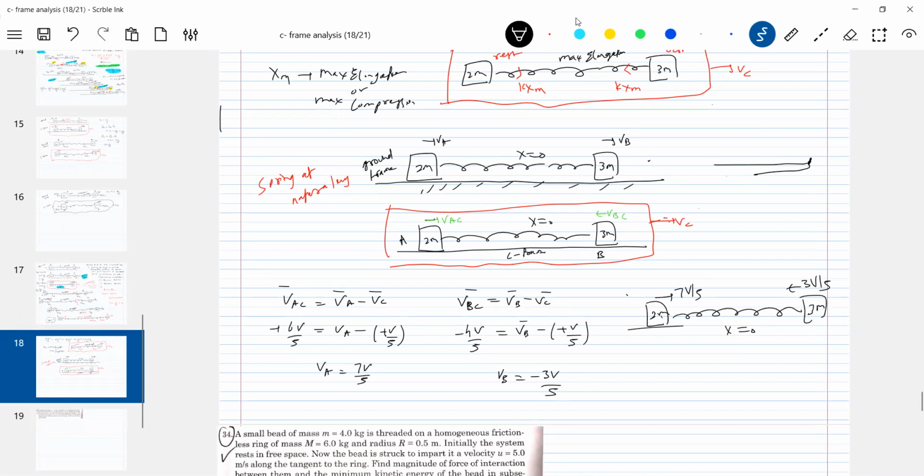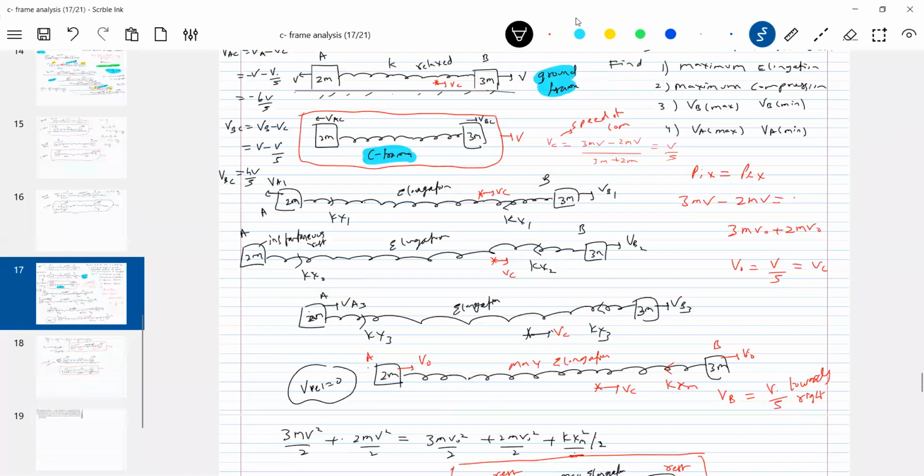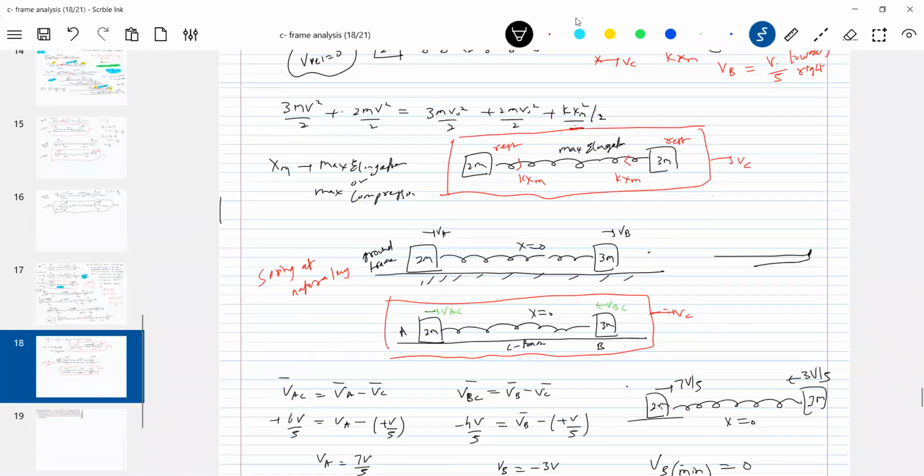So what is the minimum velocity of B now? Not minus 3V by 5, it will in fact be 0. Sir, what about the maximum velocity of block B? Is it okay, no? Why? Because the velocity of block B was V by 5, then finally becomes 0, then it starts increasing and becomes 3V by 5.